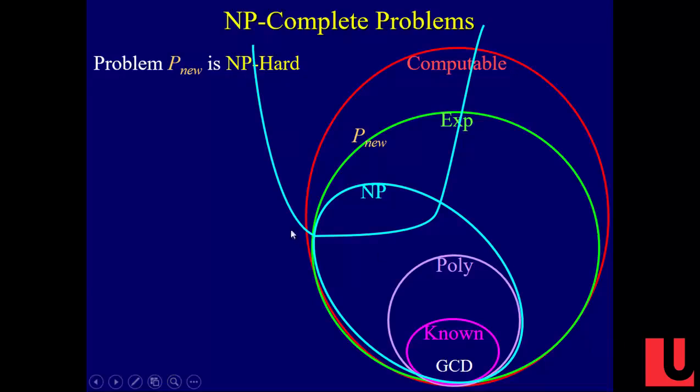And that is, does this class equal that class? Or are there problems in here that take exponential time? And people believe that they're different. Because it's non-deterministic polynomial time. You non-deterministically guess the solution, and then in polynomial time, you check that it's true.